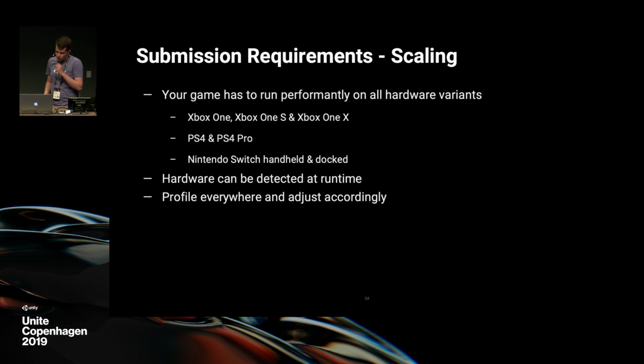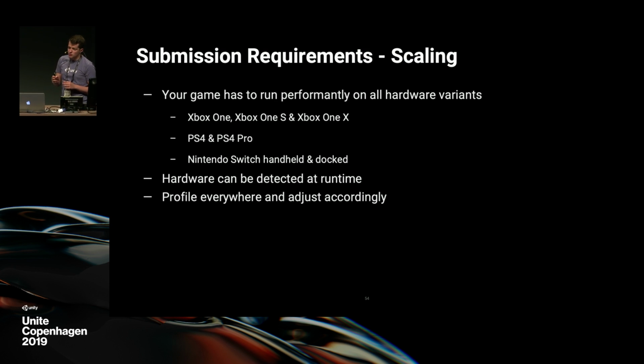Finally, we've spoken a lot about performance, which is key to your success on consoles. One final tip is that once published, your game has to run on all hardware variants. For example, when you've finished and published the Xbox One version of your game, it will have to run on Xbox One, Xbox One S, and Xbox One X. Similarly, the PS4 has the PS4 and the PS4 Pro, while the Nintendo Switch has different performance characteristics in handheld and docked mode.